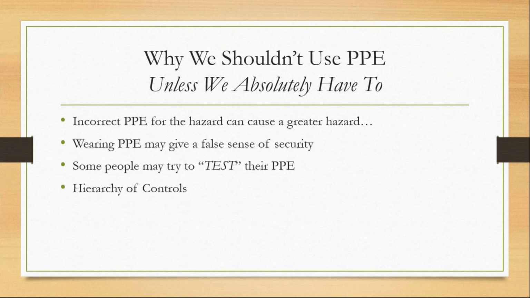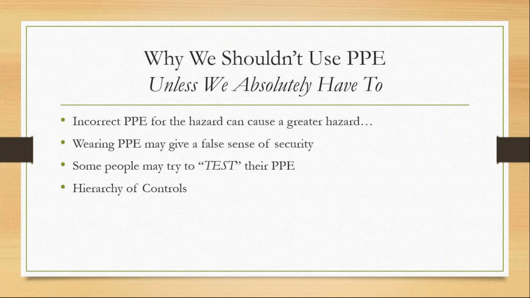Like I was saying with the gloves earlier, somebody's messing with a chemical and they don't have anything that says this is the glove that I need to be using when I'm using this chemical. And they just go over to the PPE locker and they see a pair of black rubber gloves and they grab those and put them on and start working with this chemical, and the chemical is reactive with rubber.